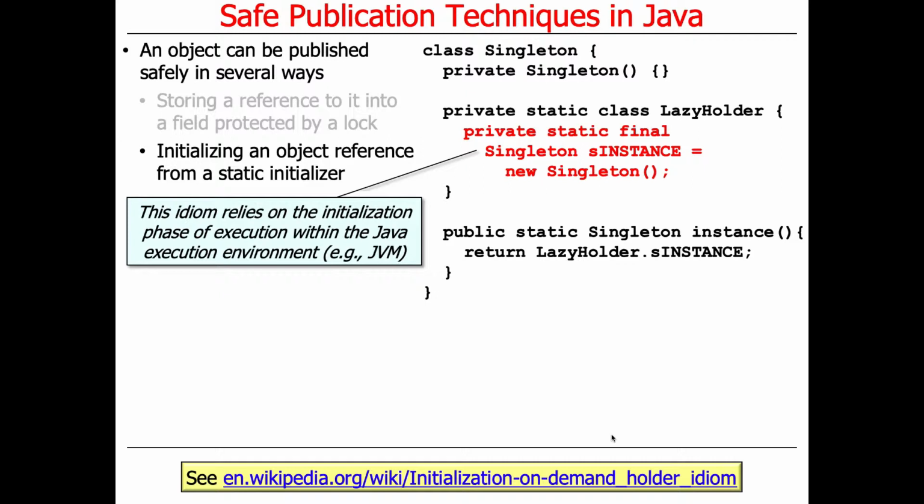You can see that lazyHolder will make a new singleton instance, which is static and final. So this will be guaranteed to be initialized when the class is loaded by the Java execution environment, the JVM, for example. And therefore, when the instance method is called here, this has already been created, so we're done.